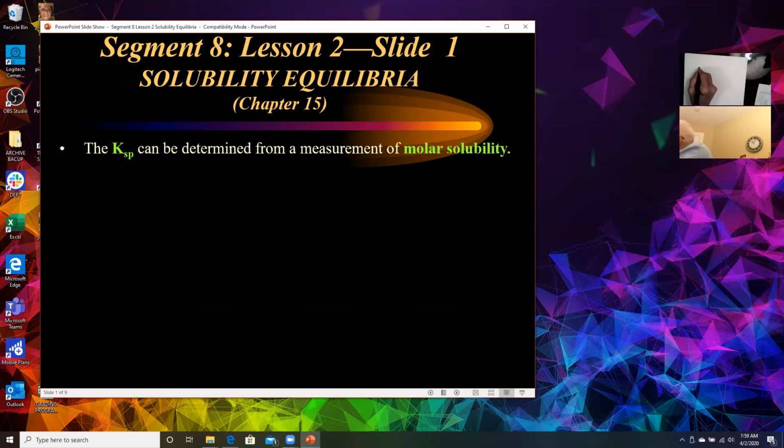If I take something like Hg2Cl2, that's a solid, and according to the solubility rules, all chlorides are soluble except mercury 1 chloride, silver chloride, and lead 2 chloride. Those 3 chlorides are insoluble.